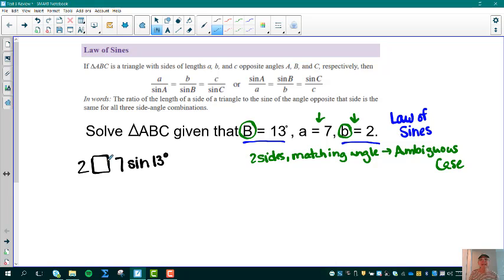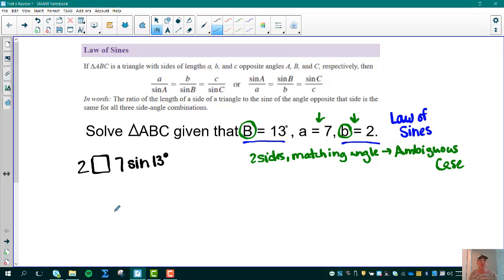If it comes out equal to, it means there is one triangle and it's a right triangle. If this inequality comes out greater than, then we've got a couple of different options. We would next compare 2 and 7. If it comes out less than, then there are going to be two triangles. If it comes out greater than or equal to in that second comparison, there's going to be one.